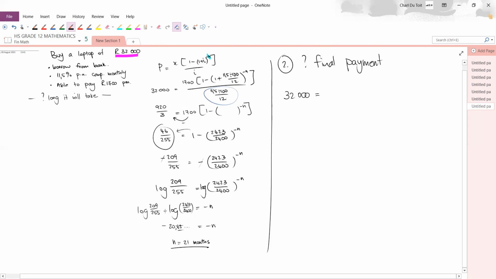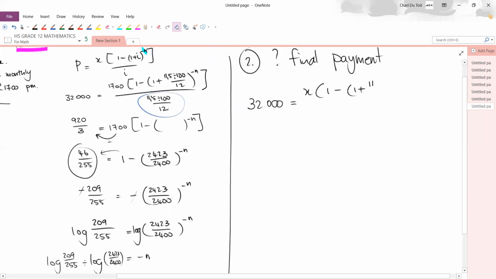There is going to be X bracket 1 minus 1 plus 11,5 divided by 100 over 12 to the power of minus 20. I think it's 20.